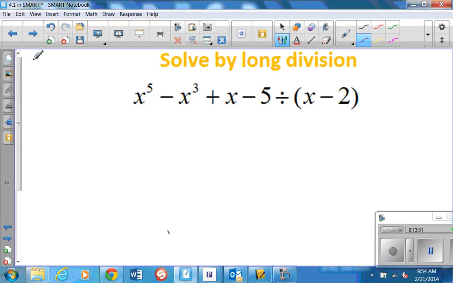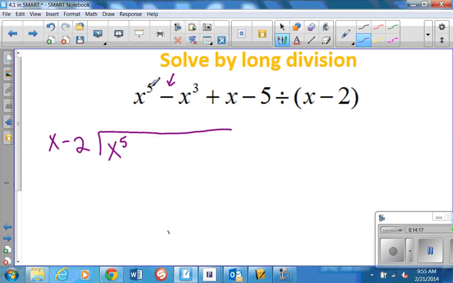So let's use long division on this problem right here. So we're going to do x minus 2, which is a factor. And we're going to set up a long division house just like we did in Algebra 2, or actually, long division you started in 4th grade, something like that. Now, one thing you need to notice, though, what's missing in here?